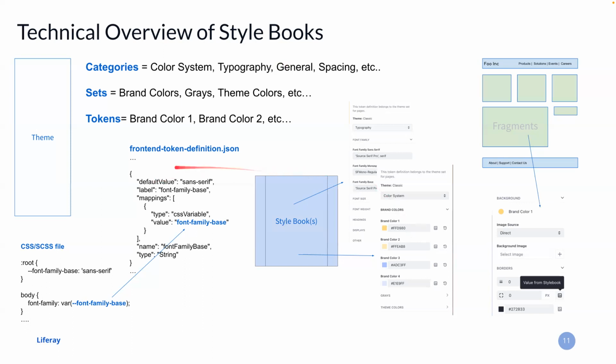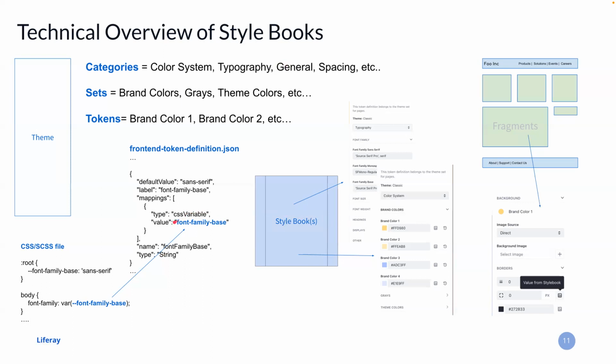The stylebook is going to allow us to assign values to these tokens that are defined within the theme. You can see an example in the token JSON file. You can set a default value. There would be a type, which might be string for a font family, but it might be a color picker in the case of, say, brand color 1.